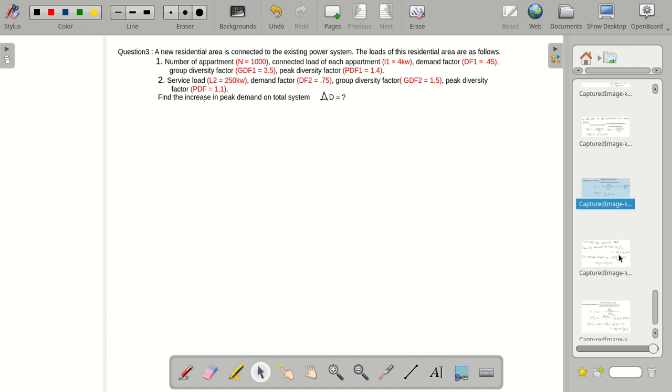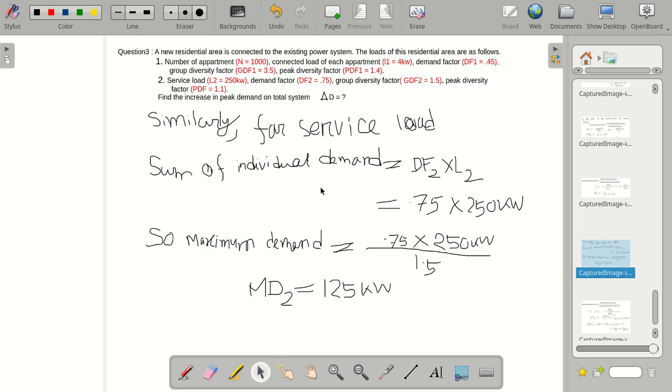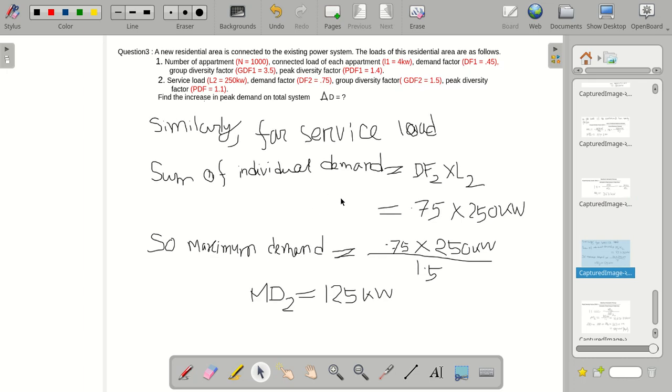Similarly, we can calculate it for the service load also. The sum of individual demand is equal to the demand factor times the total load. Here DF2 is given as 0.75, and 250 kilowatt is the total load L2.